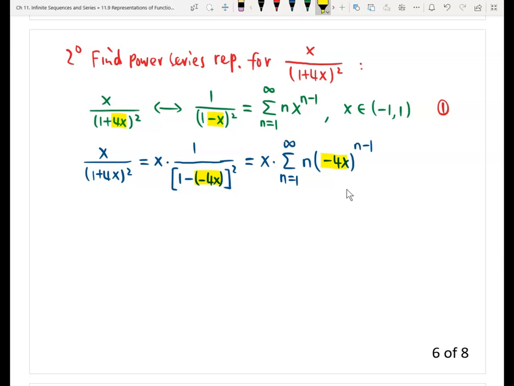So this just uses the results of 1. Now what do we do? We just simplify, and we also merge x together.